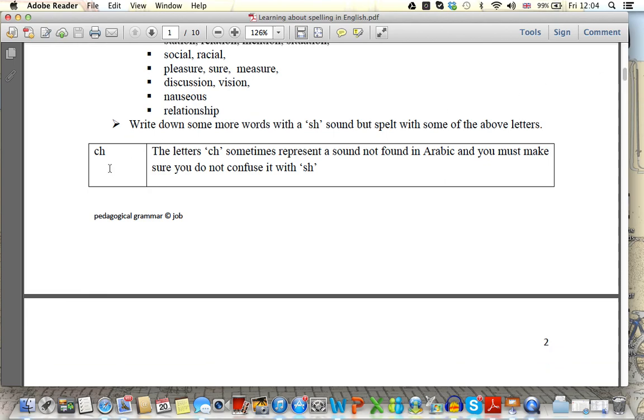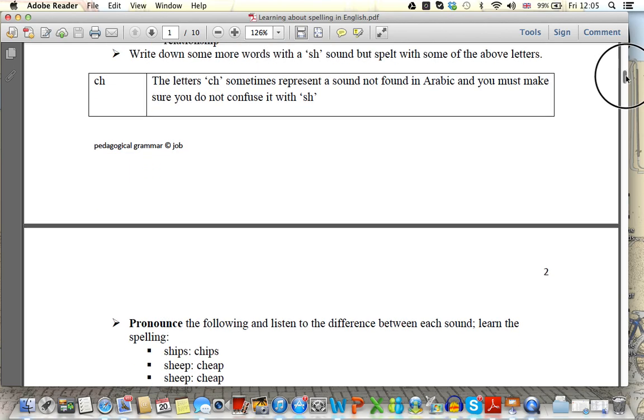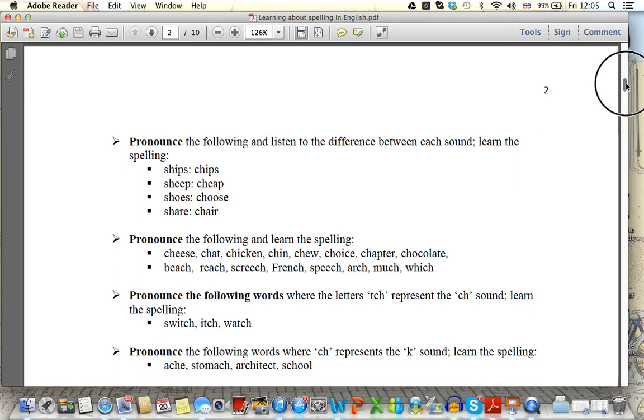The next combination of letters we come to is ch, which is pronounced as cha. And this is often difficult for Arabic speakers, as this sound is not found in Arabic. Let's compare. The problem is that sometimes it may be pronounced as a sha instead of a cha sound. So here we have examples. We have ships, chips, sheep, cheap, shoes, choose, share, and chair.